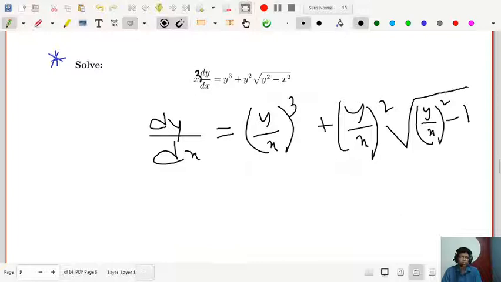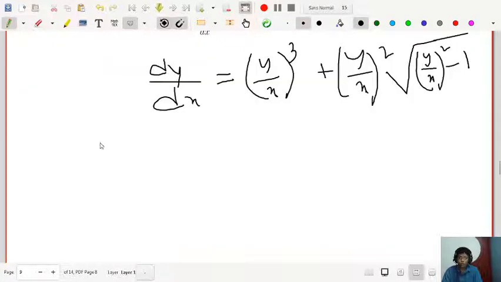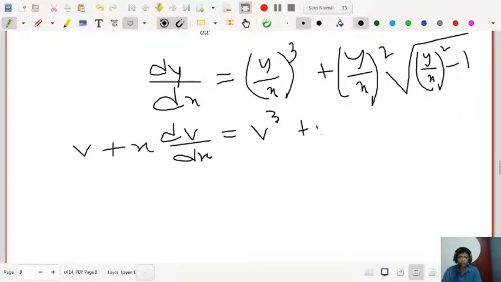So this is a function of y by x on the right hand side. So you will substitute y equal to vx, so v plus x dv/dx, I am writing directly, equals v cube plus v square, over v square into root over v square minus 1.